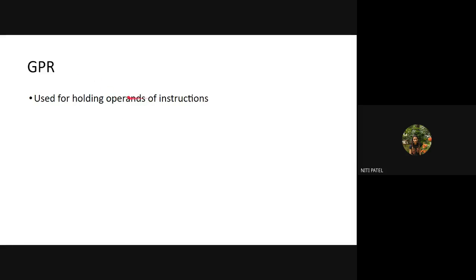It is used to hold all the operands which are there inside your program. So if in your program you have MOV, ADD, SUB subtract, MUL multiplication, DIV division, then LOAD, then STA store, all these operands will be stored where? They will be stored inside the general purpose register. Okay. Is GPR clear?